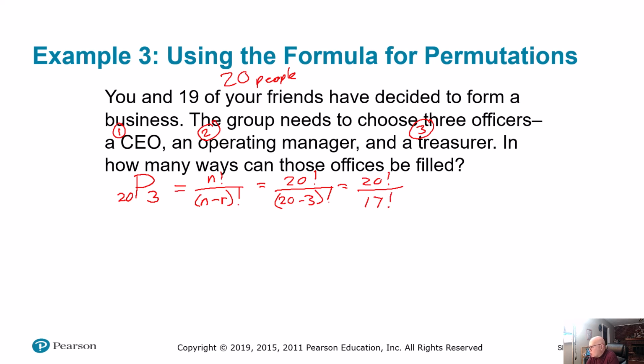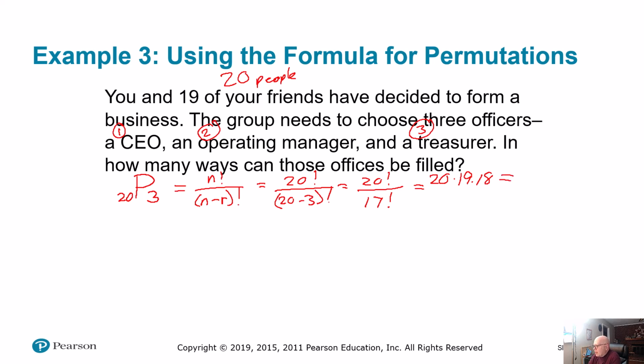Now remember, this 20 is 20 times 19 times 18, all the way down to 1. But once you get down here to 17 factorial, you can cancel all those out. So you can, if you want to, fill this all out. You'll end up with 20, 19, 18, and all the rest are canceled by the 17 factorial in the denominator.